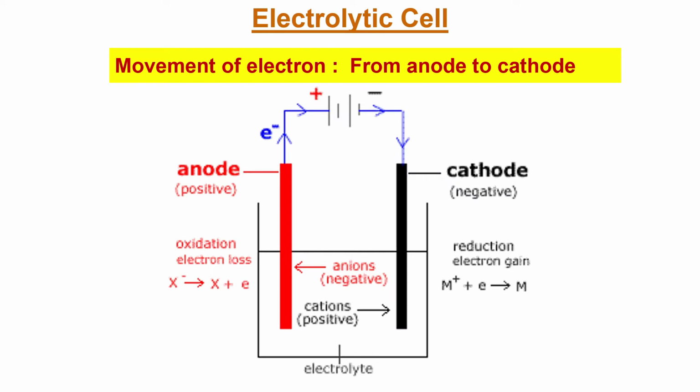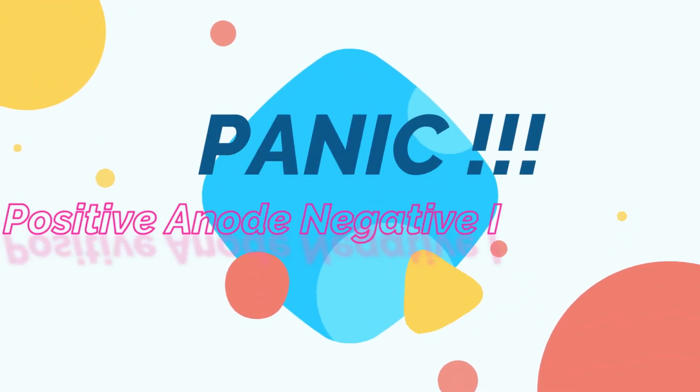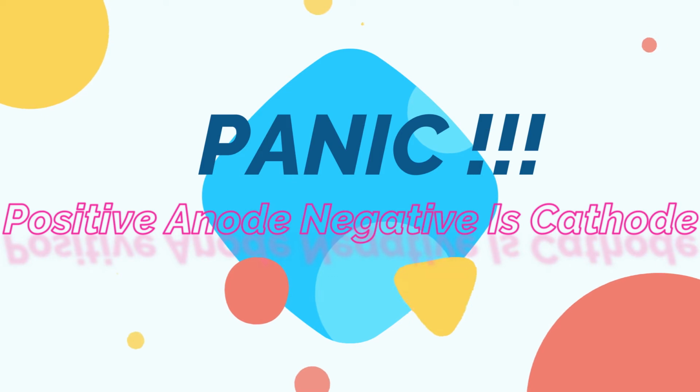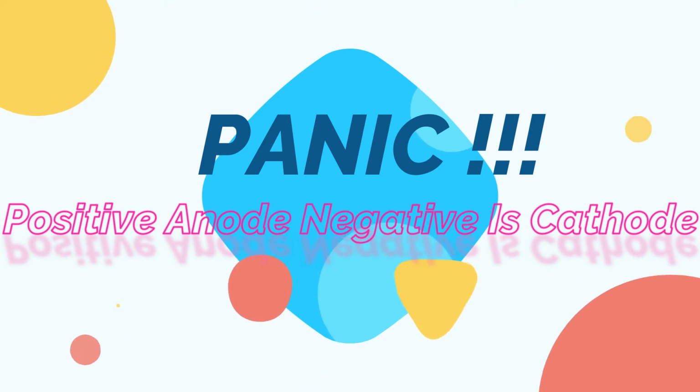So from this diagram of the electrolytic cell, we know that the movement of electrons is from anode to cathode through the external source, the wire. Okay, anode is the positive electrode and cathode is the negative electrode.